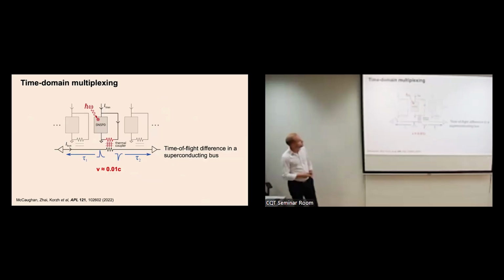The scheme that we came up with is coupling these SNSPDs to a readout bus, which is effectively just another superconductor. Imagine you have a superconducting bus over here, and this SNSPD current pulse goes into a nanofabricated resistor. When this resistor fires, it breaks the superconductivity here, and you can create a differential signal.